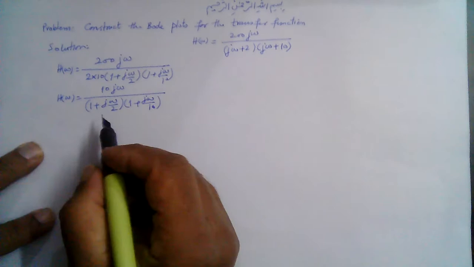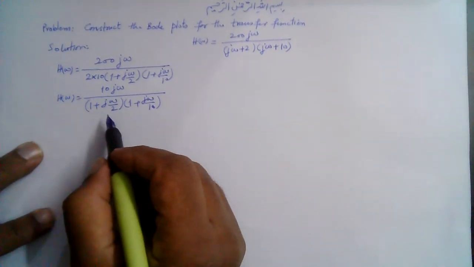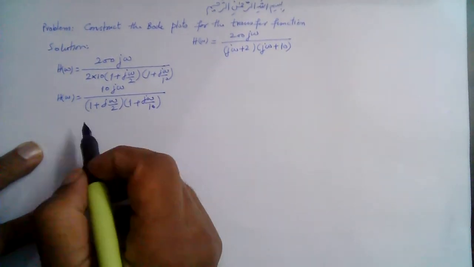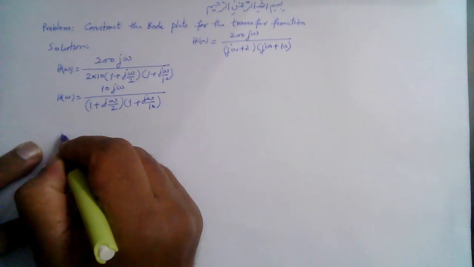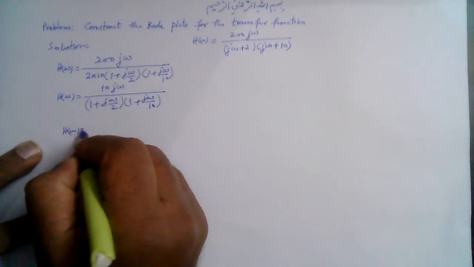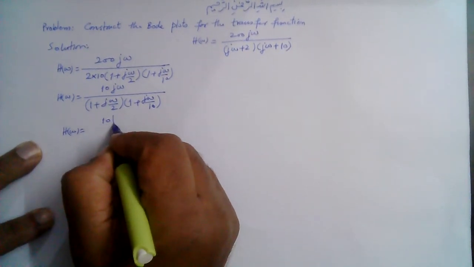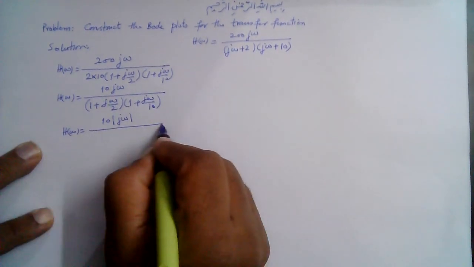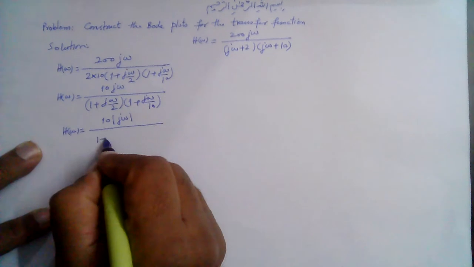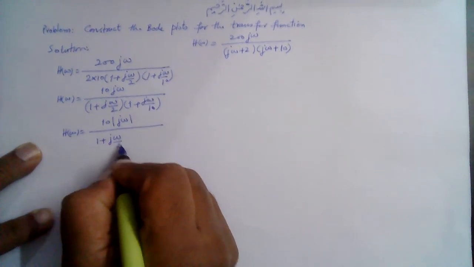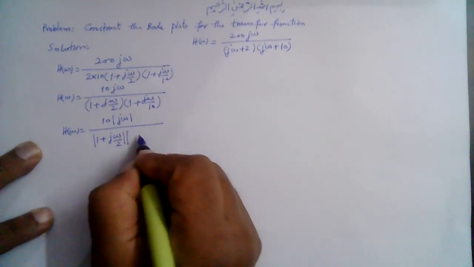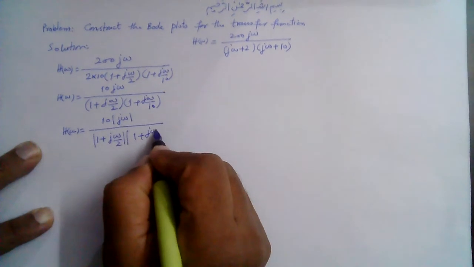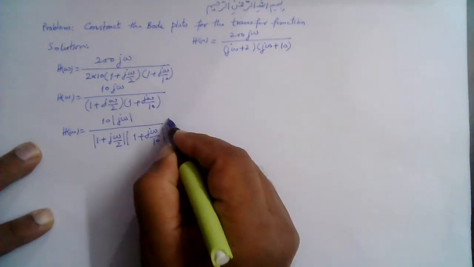So for the magnitude and phase plot, let's write this in polar form. H of omega is 10 times the magnitude of j omega, divided by the magnitude of 1 plus j omega over 2, and the magnitude of 1 plus j omega over 10, and then the phase angle.